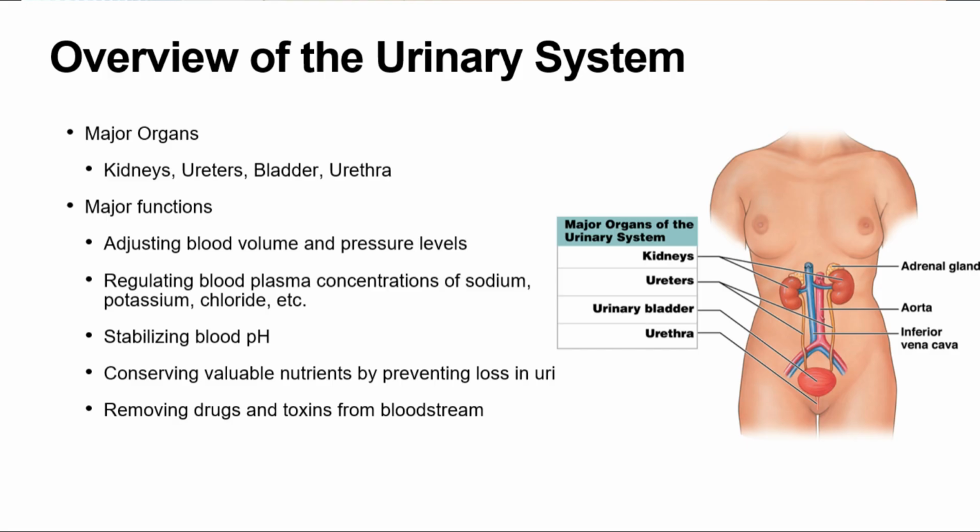There are several main functions. The urinary system helps adjust blood volume and blood pressure levels. It regulates blood plasma concentrations of sodium, potassium, chloride, and hydrogen ions because it is important to stabilize blood pH. It conserves nutrients by reducing their loss in urine.